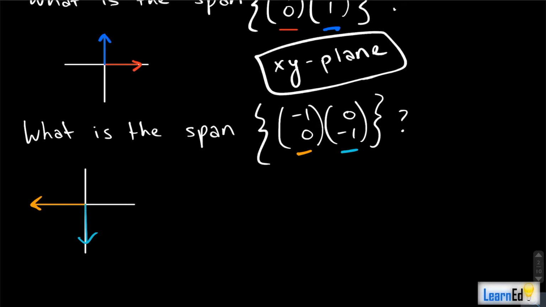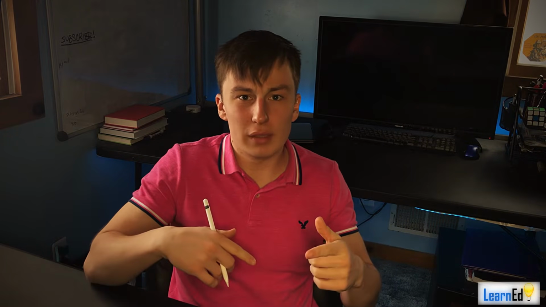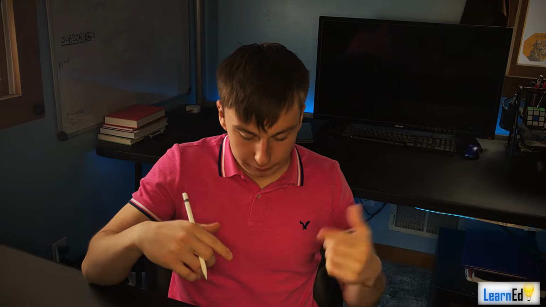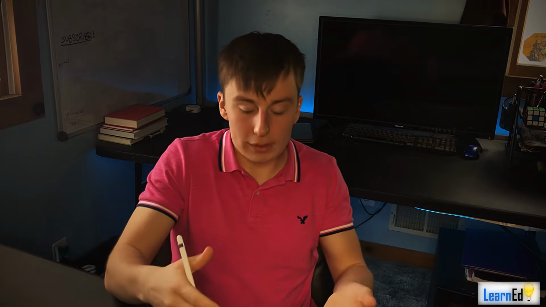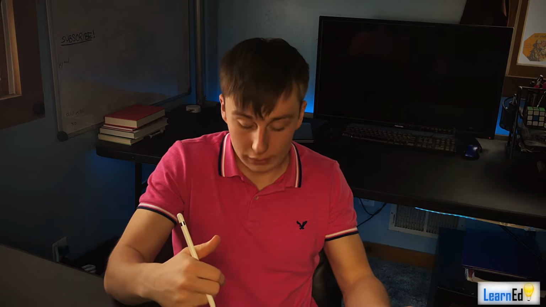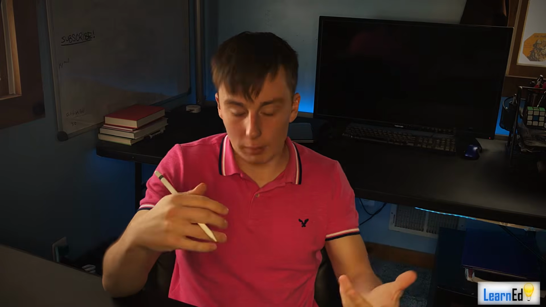What's the set of all linear combinations of these two vectors? Well, you can probably see that these are just the basis vectors rotated, so they're basically the same thing as the basis vectors. We can describe the entire xy plane again with these two vectors. So again, the span of these two vectors is the entire xy plane.